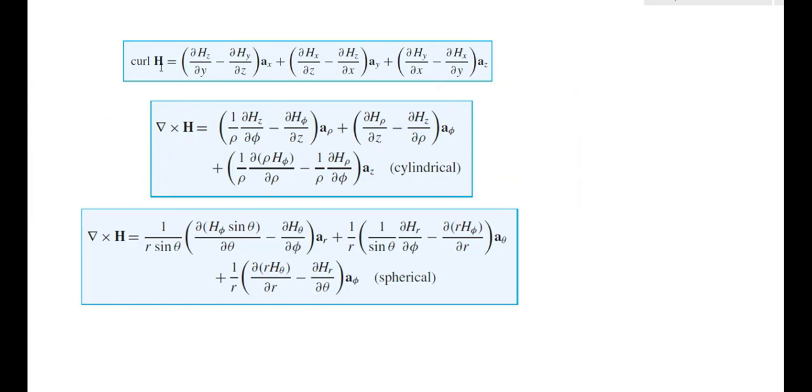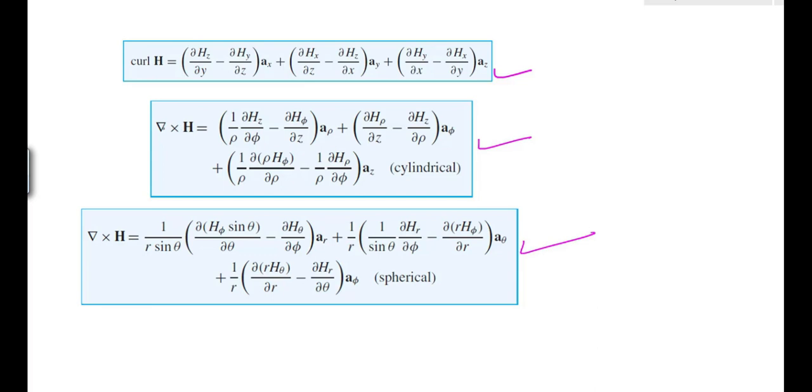To summarize the curl operator, this is the curl operator given in the rectangular coordinate system that we have discussed. Similarly, the curl in the cylindrical coordinate system will be like this, and the curl in the spherical coordinate system will be like this.